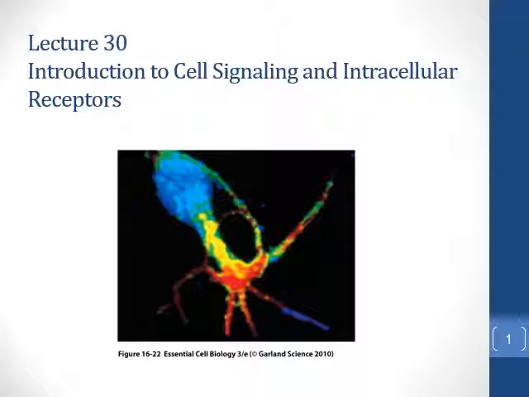So we'll get into all that, but this is really a unit or a section or a series of lectures on how cells do what they do. In other words, or why they do what they do, maybe a better way to put it. In other words, we've talked a lot about different kinds of things that cells do.